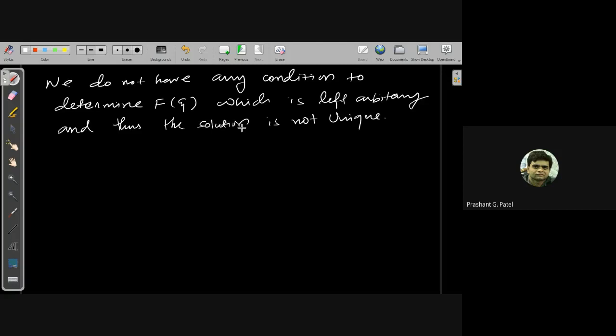So if you want the solution to be unique, you need to have both conditions. That means on both the characteristics, the values should be given.